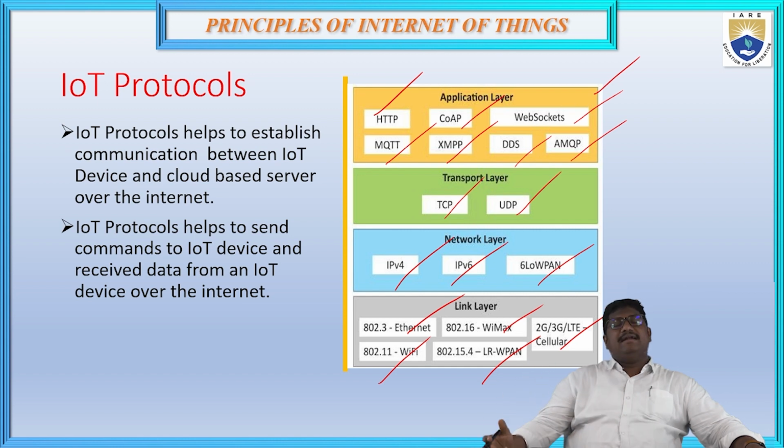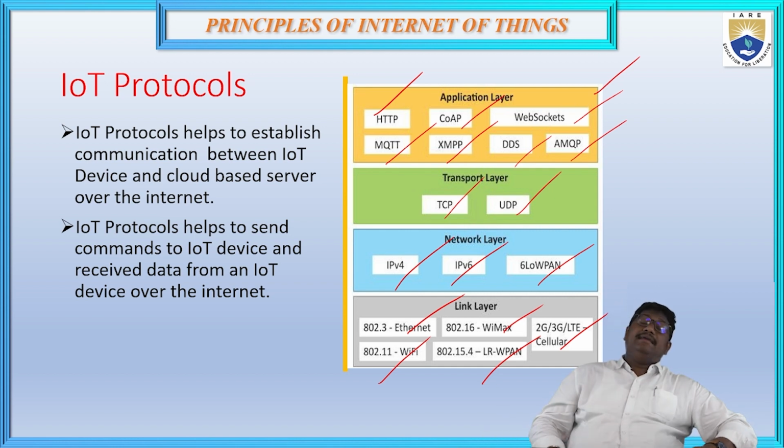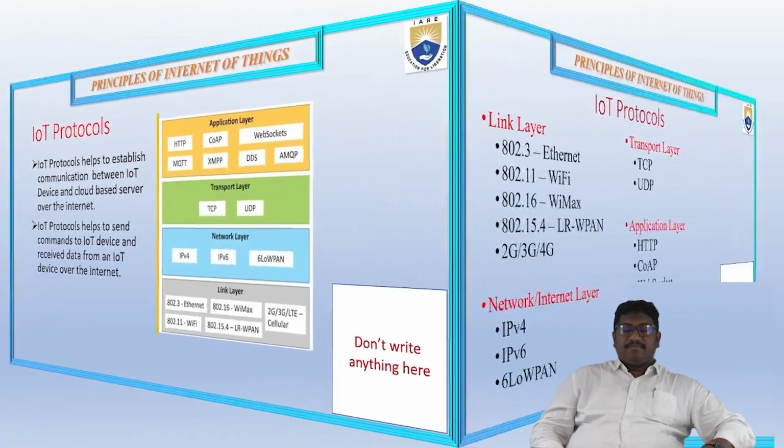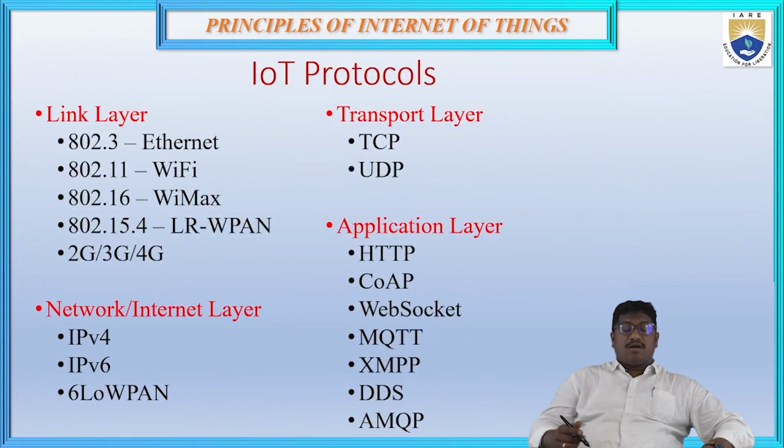There are four different kinds of layers which exist: application layer, transport layer, network layer, link layer. In these four layers there are multiple protocols which are used for exchanging information between devices with the help of the internet. Have a look, these are the protocols which are listed.